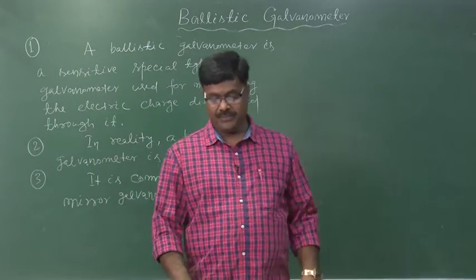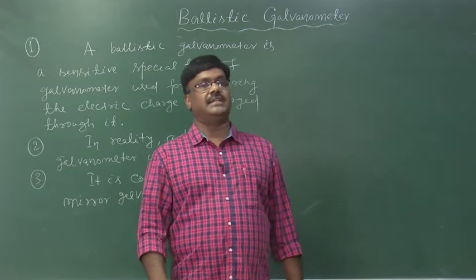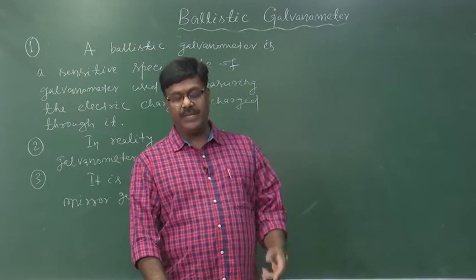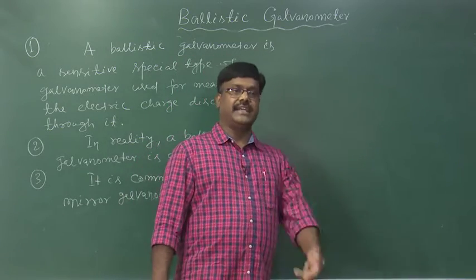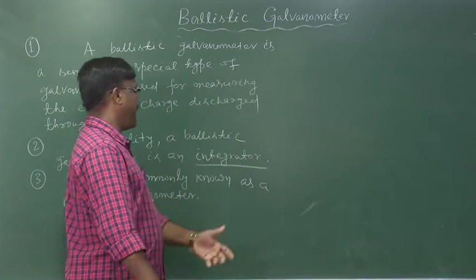And also there are two types of ballistic galvanometers. One is the moving coil galvanometer and the second one is the moving magnet galvanometer.